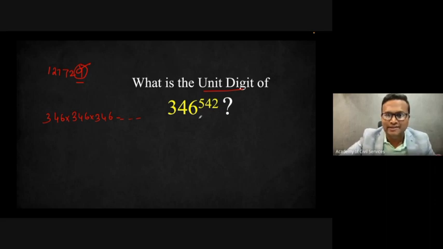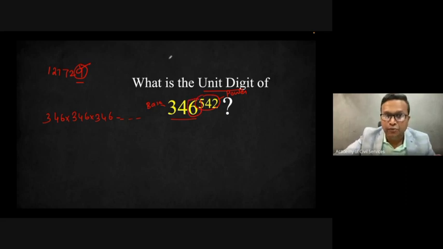First thing you have to understand is that you have to look at the unit digit of the base. This is called the base and this is called the power. Whatever is written above is the power. I'm explaining because you might have forgotten what you studied in school days. In the question, first see the unit digit of the base.